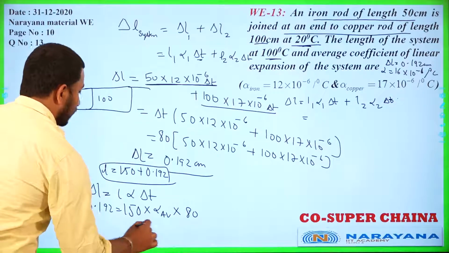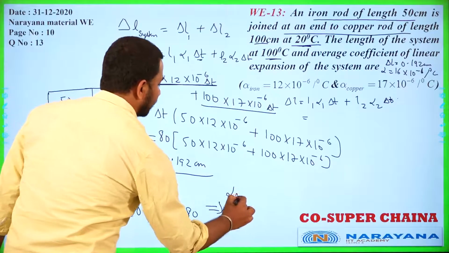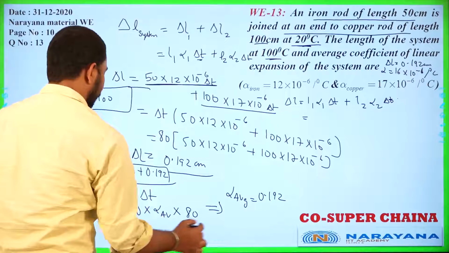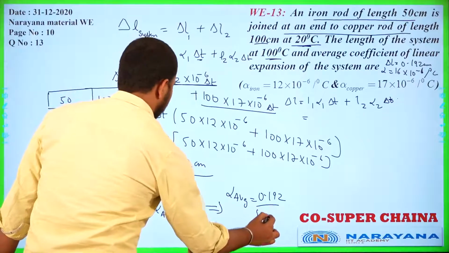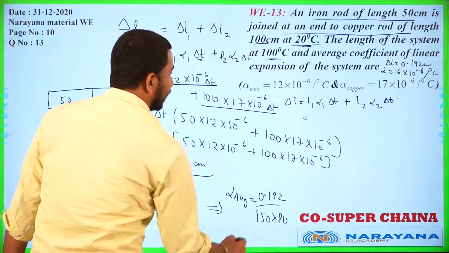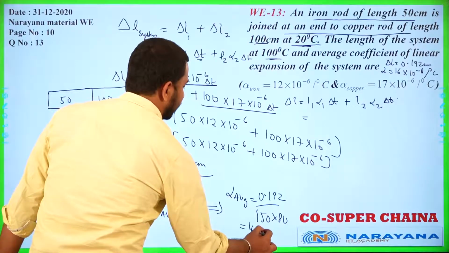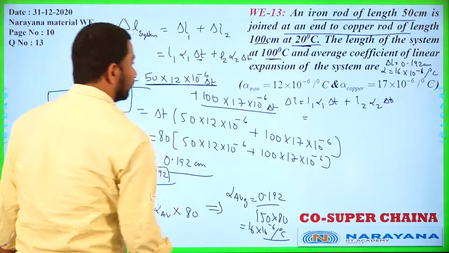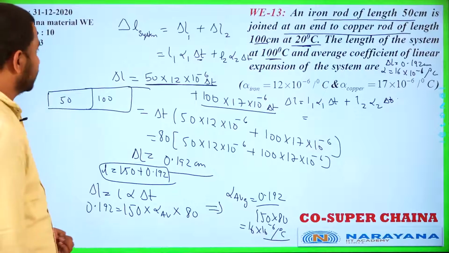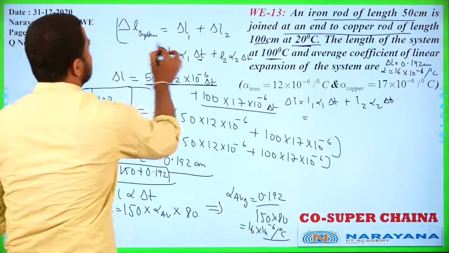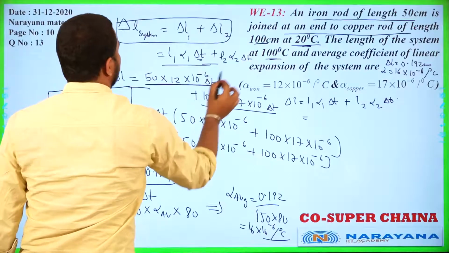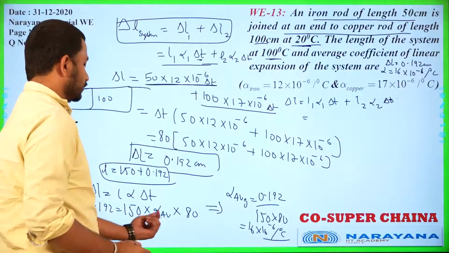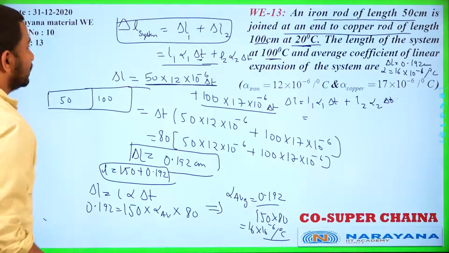So from here alpha average I can calculate: 0.192 divided by 150 into 80, and that comes around 16 into 10 to the power minus 6 per degree Celsius, and that will be the answer of this question. So initially we took the whole as a system, found the individual expansions, added them to get the total expansion, and used this to calculate the average alpha. Let's move to the next question.